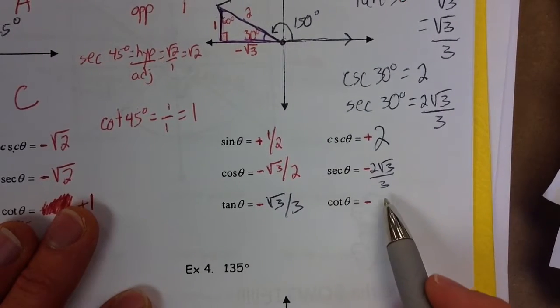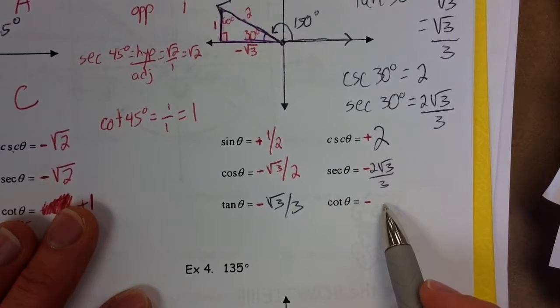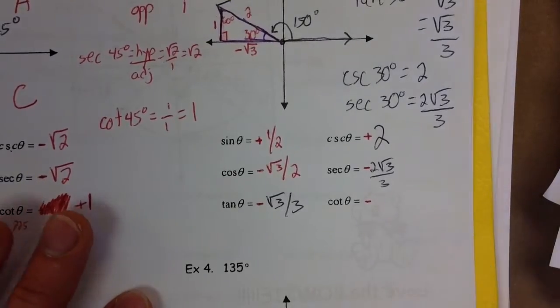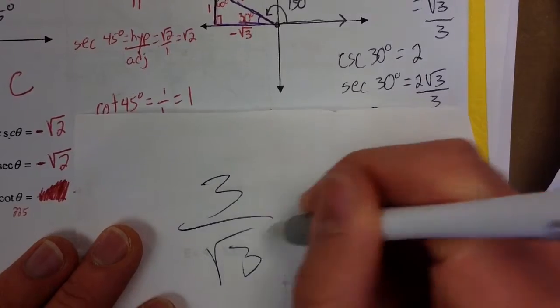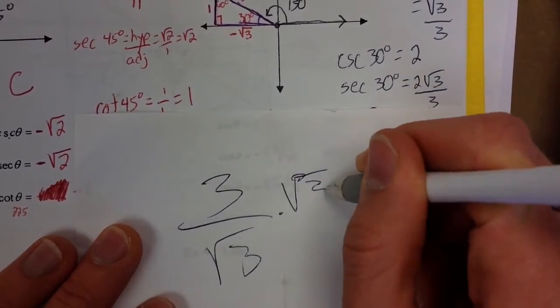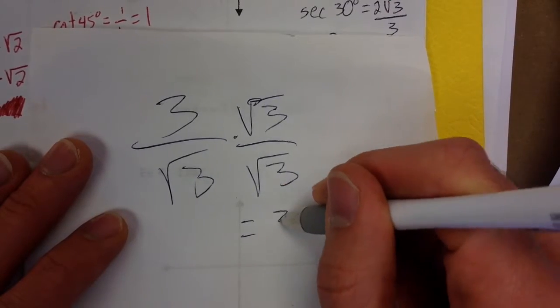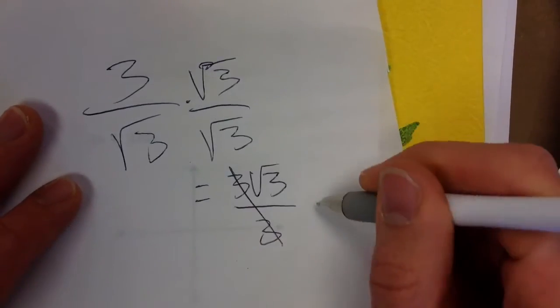And then Nikki B., why don't you just tell us what is cotangent then? It would be 3 over radical 3, and then you would change it. So it would be 3 radical 3 over 3. So then it would just be 1. That's true? 1/3. Well, no. It would just be radical 3.